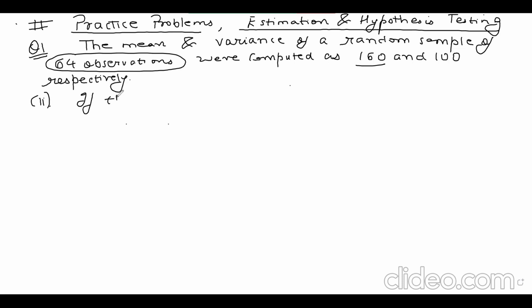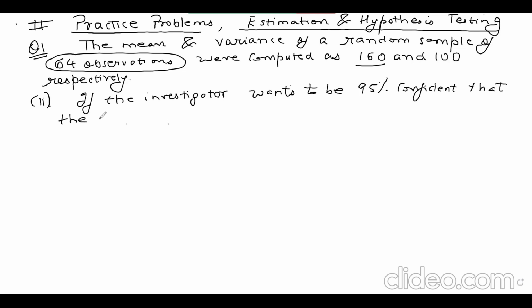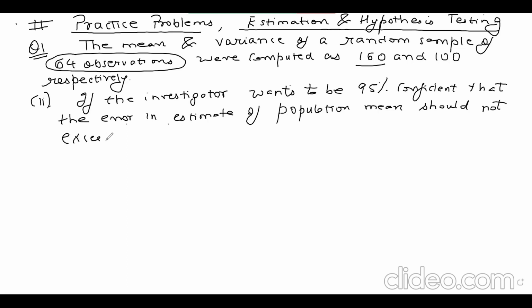If the investigator wants to be 95% confident that the error in the estimate of population mean should not exceed plus minus 1.4, how many additional observations are required?